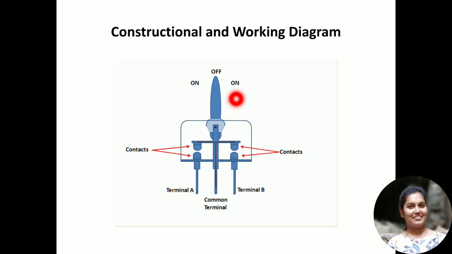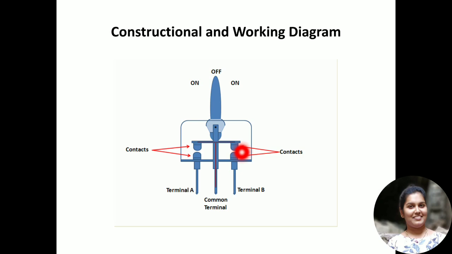Here I'm showing a 3 position toggle switch on the screen. When it is in the center, or the handle is pointing exactly perpendicular to the contacts, then it is considered to be in off condition. The handle is the thing which we see from the outside. When we see from the internal view, we have 2 plates here.